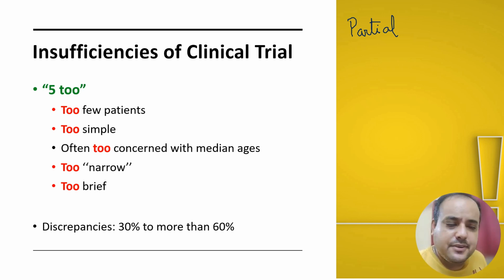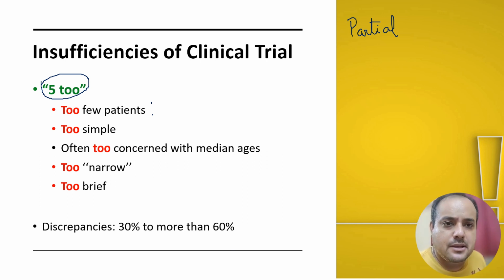Now the insufficiencies of the clinical trial have been summarized as 5 2s. The first one is that the clinical trial engages too few patients, right? Because what is the maximum number of patients that are a part of the clinical trial?